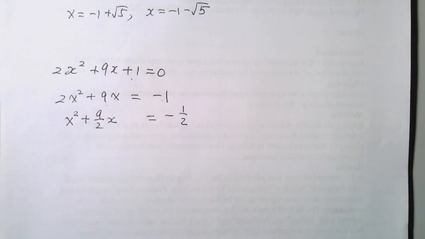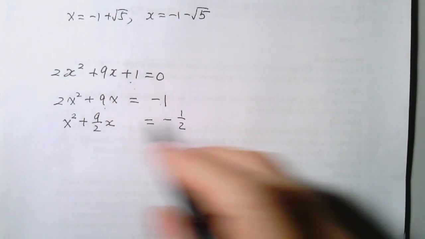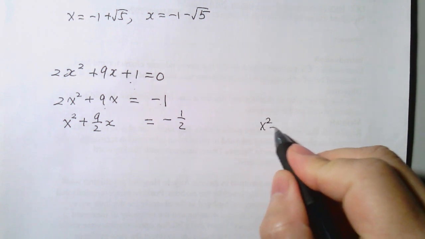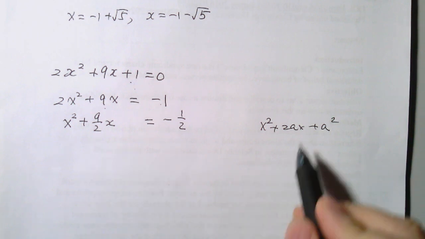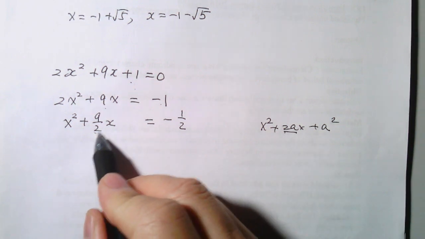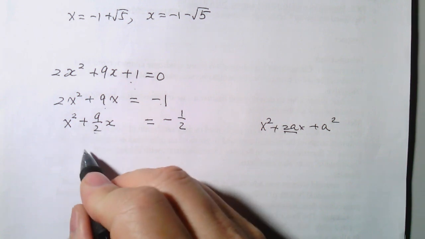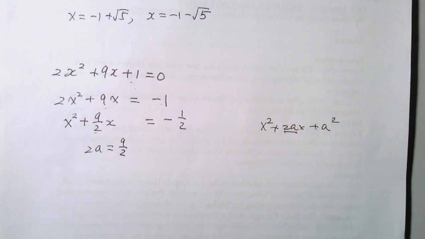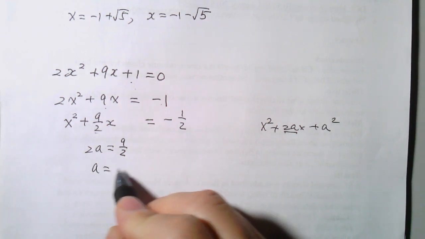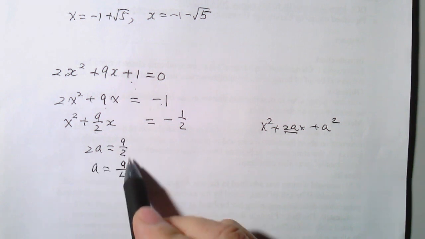So now, as we mentioned earlier, you consider this is x squared plus 2ax plus a squared. So now your 2a is going to be 9 halves. 2a is 9 halves. So your a is going to be 9/4, both sides divided by 2.